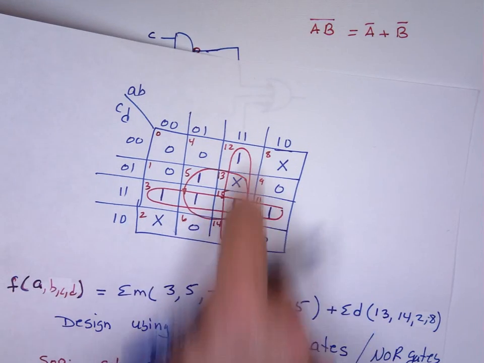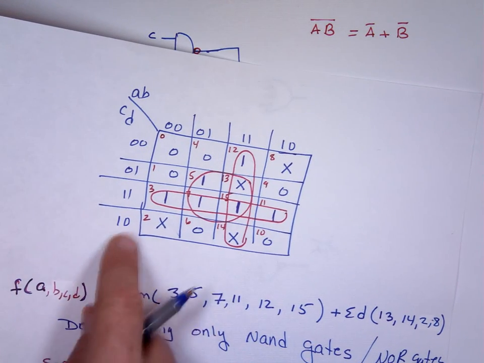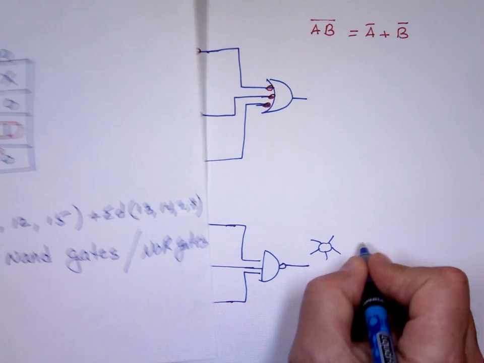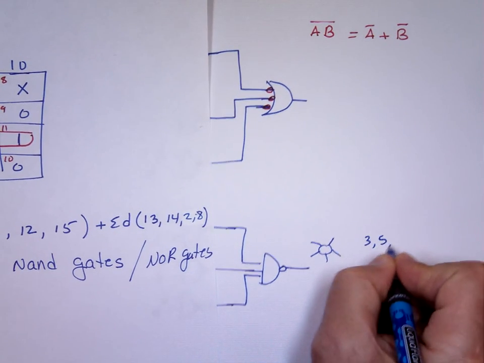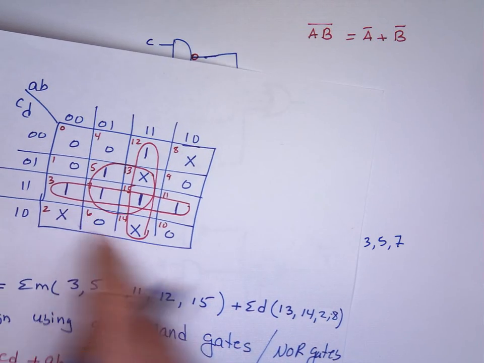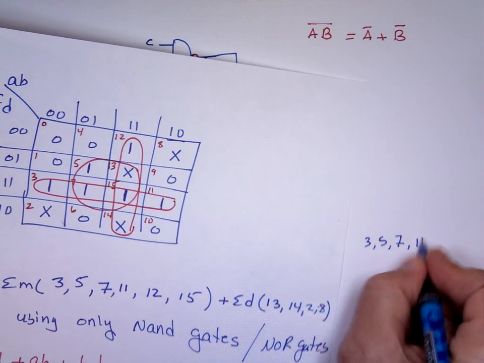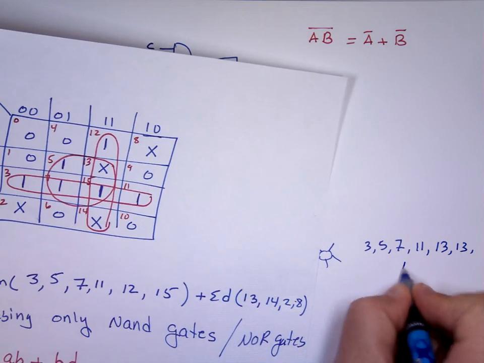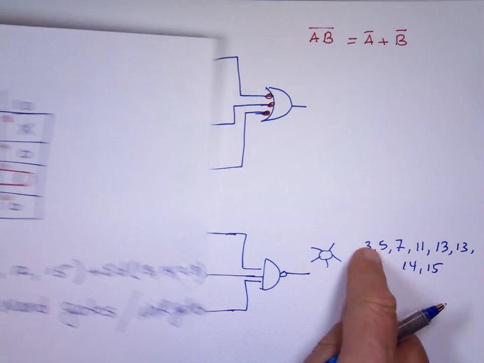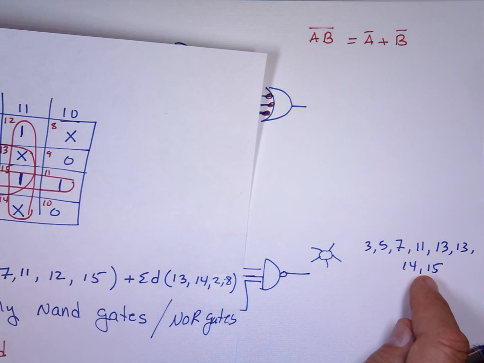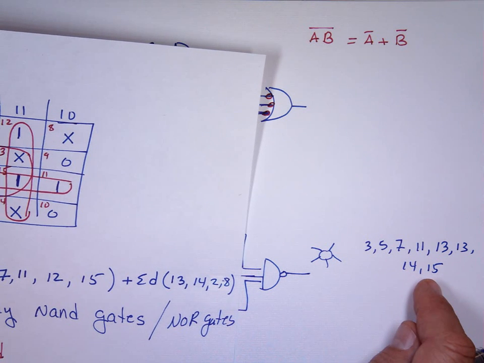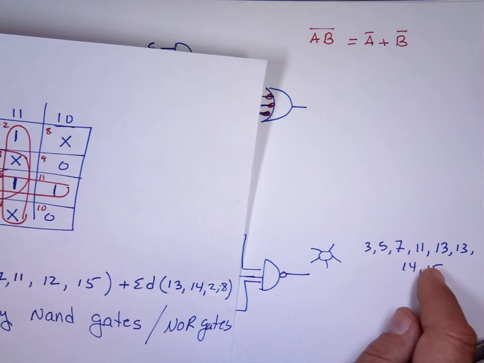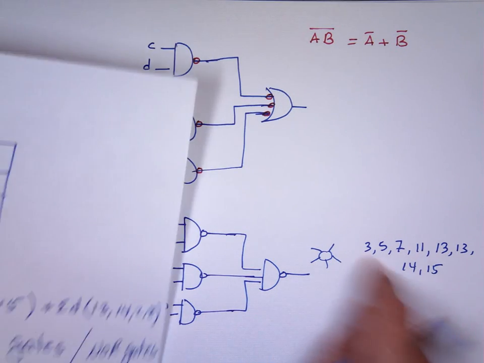So it'll be 3, 5, 7, 11, 12, 13, 14, and 15. If you put any of these inputs, you should see that light goes on. Otherwise, it should be off.